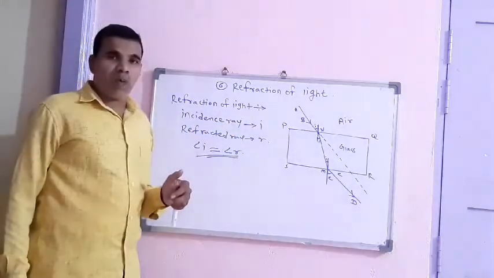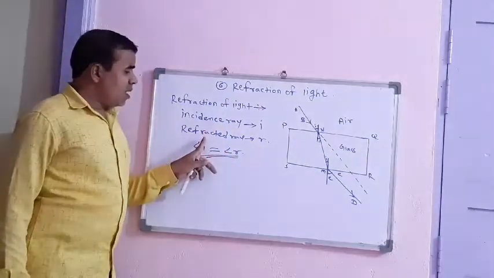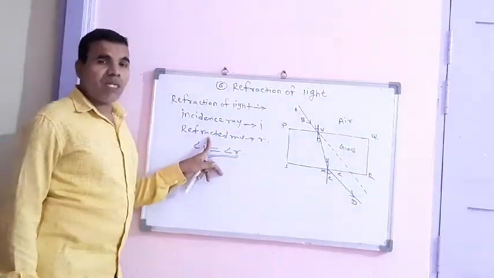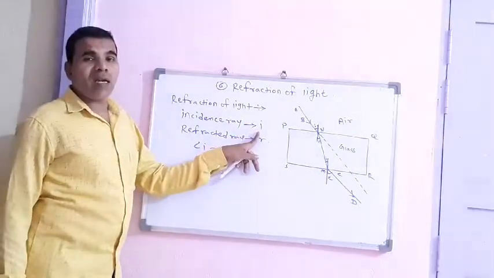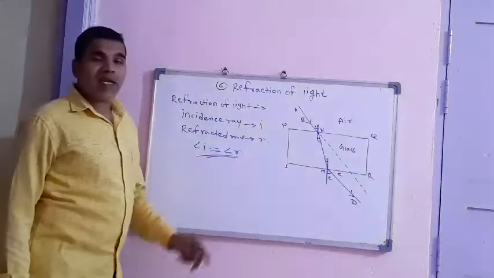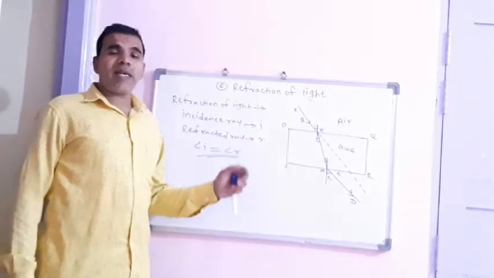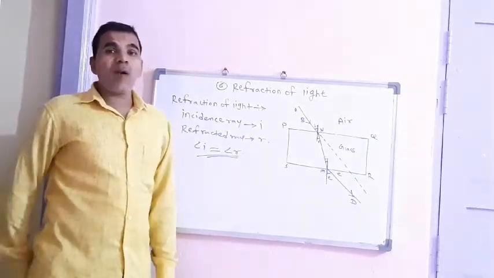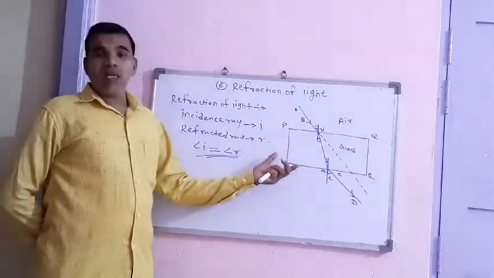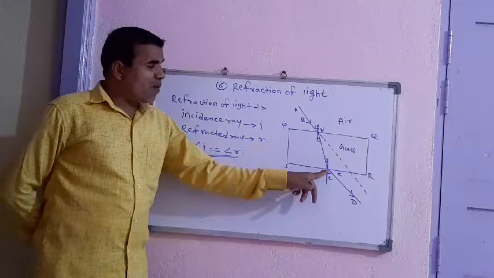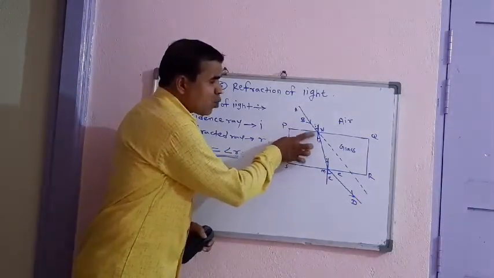Incidence angle is denoted by letter I and refracted angle is denoted by letter R. In this diagram, the incident ray and refracted ray are opposite to each other. Angle I and angle R are opposite to each other.